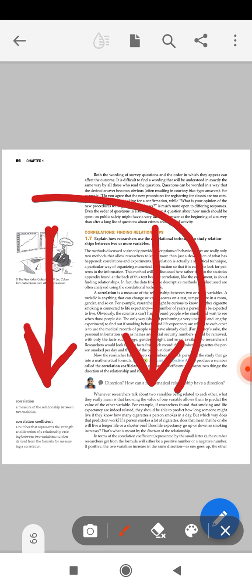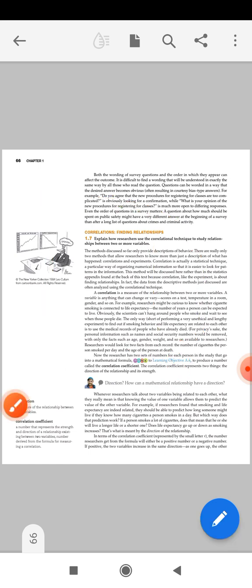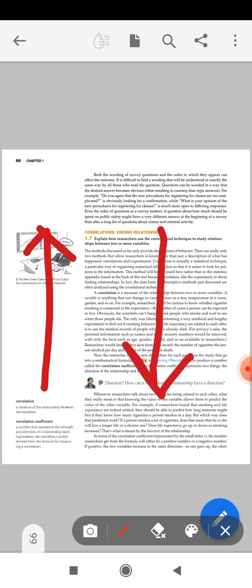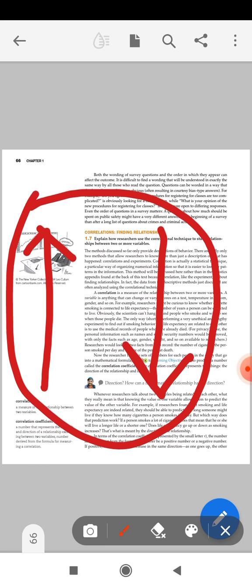We will use only direction. And thirdly, if smoking is increasing and life expectancy is decreasing, this is a negative correlation, because the direction has changed.